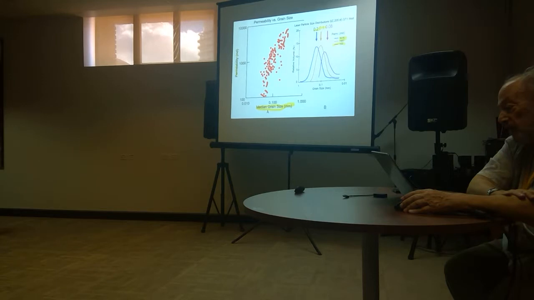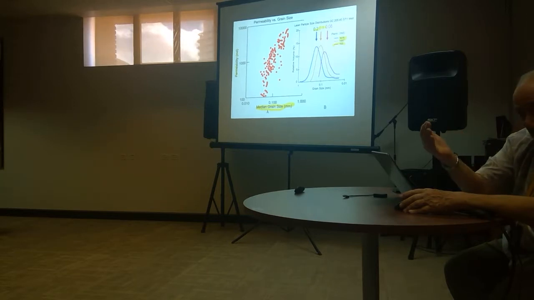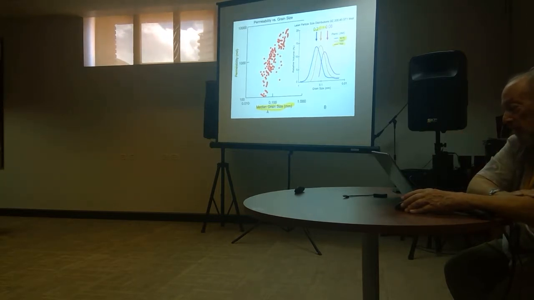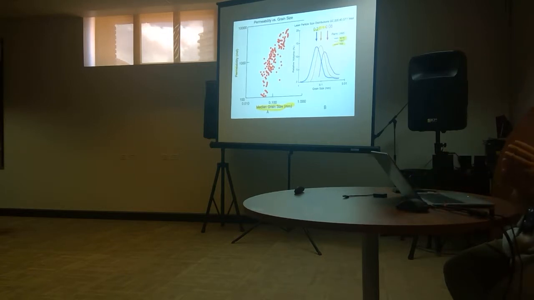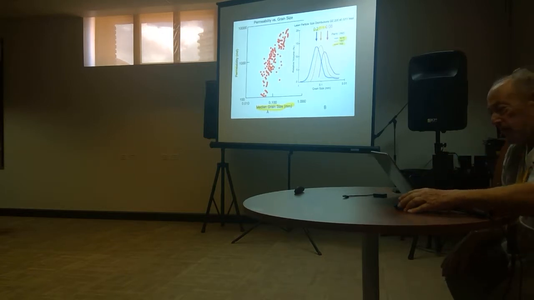So you went from medium to fine to very fine grain sand, which doesn't seem like a lot when you're looking at that in the rocks, but the result was more than an order of magnitude difference in permeability because of that small change in grain size.